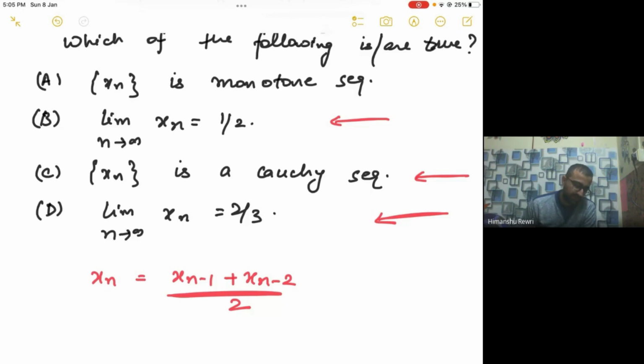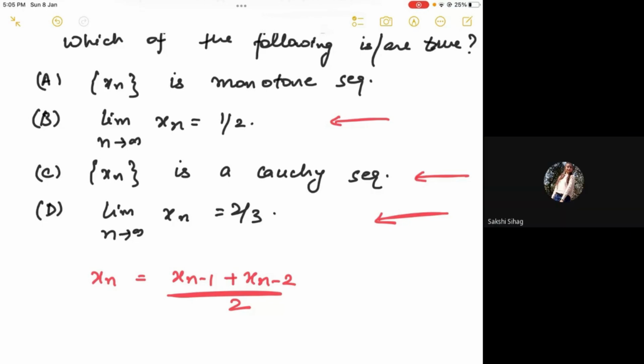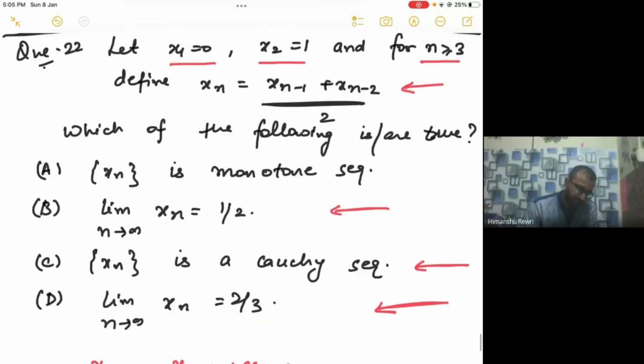How will we do it? Can anyone tell me? Any idea? Sir, it's an AP. It's an AP, sure.